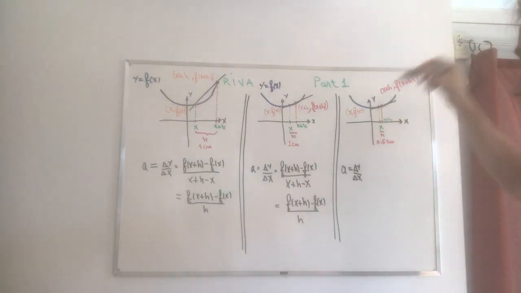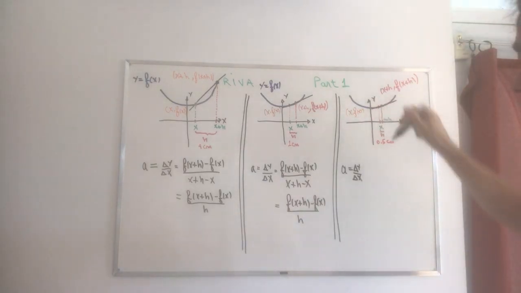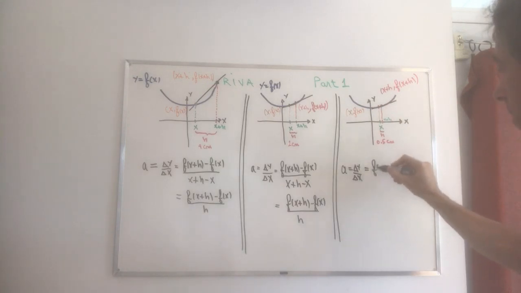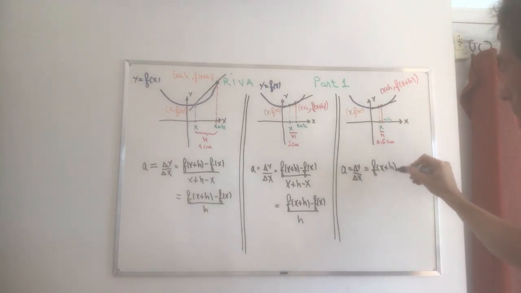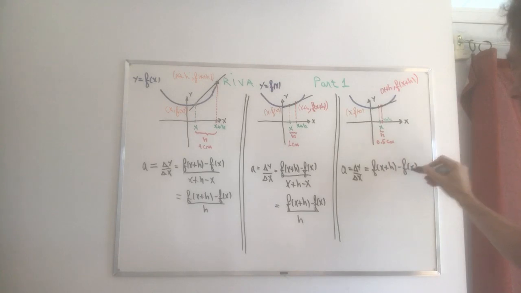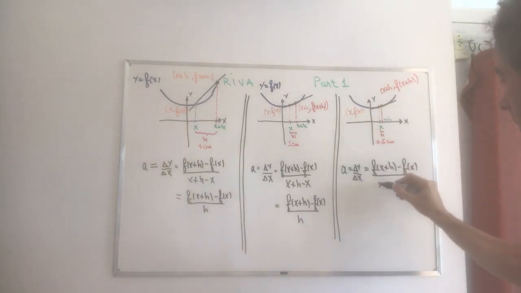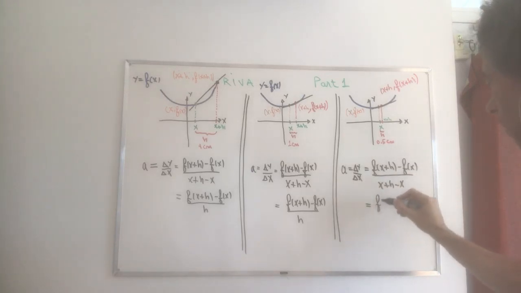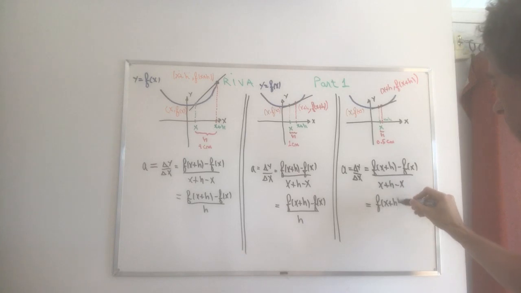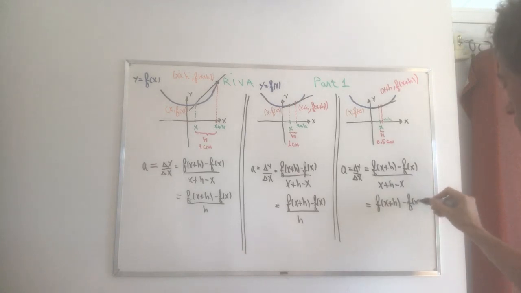Why? Because it's the same thing. Difference of the y's over difference of the x's, x plus h minus x. Which, of course, is the same cancellation as before. It's the same formula, nothing changes.